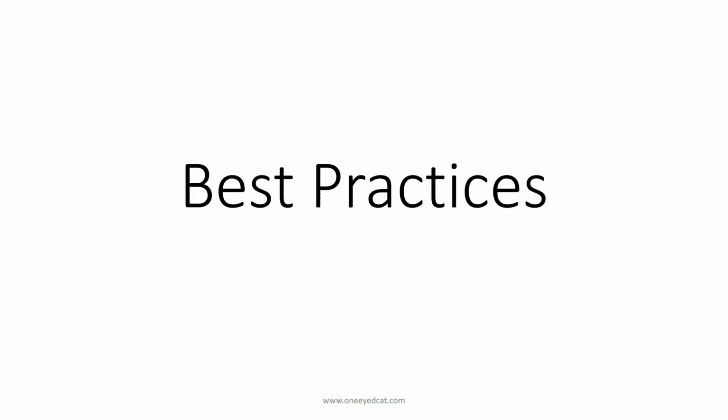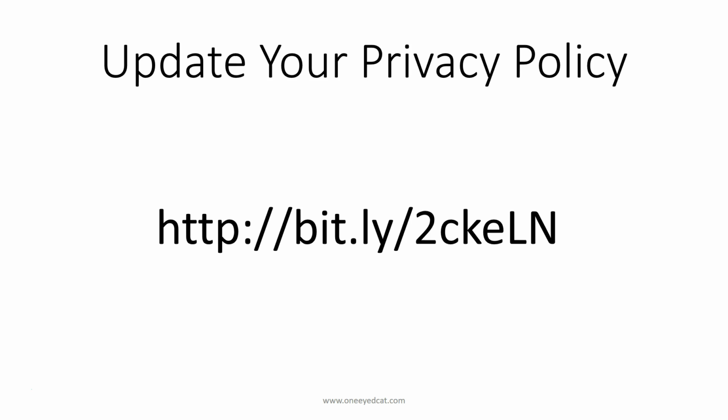I think I've probably covered most of the best practices going through this, but I'm just going to briefly go through them here. One that I haven't covered is your privacy policy. When you start remarketing, Google, well, I don't know whether they manually check it, they probably do. They've probably got somebody somewhere who would go and check this.